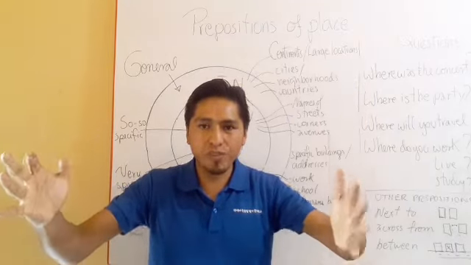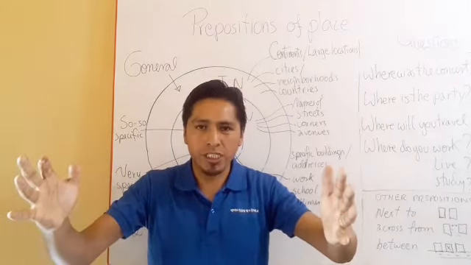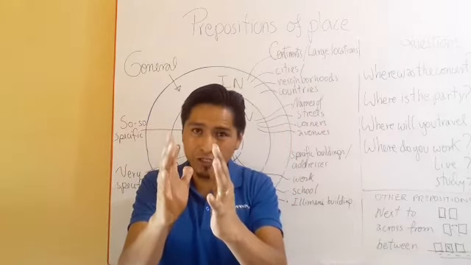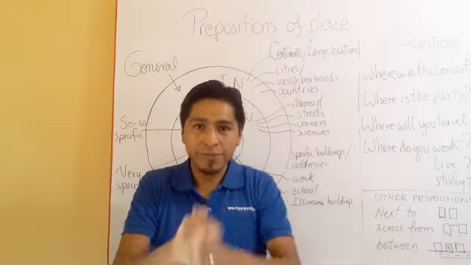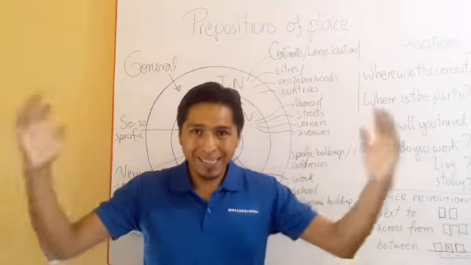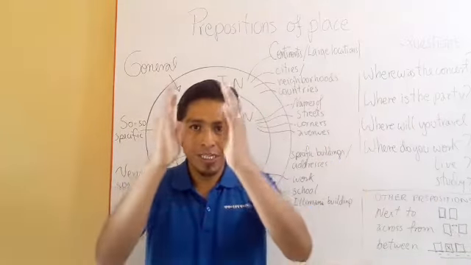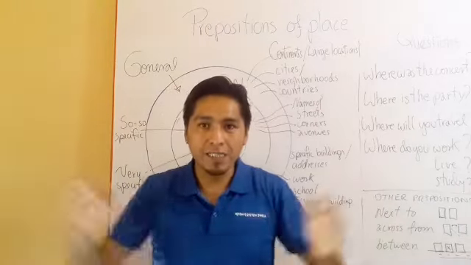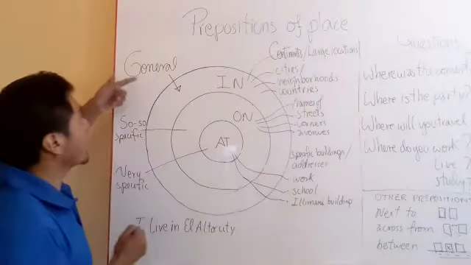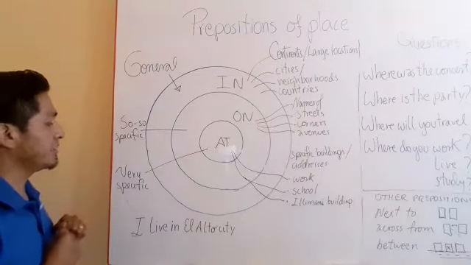This is so specific. We use the preposition on. And we use at as the point, the very specific point. In, on, at. Again, in, on, at. As I said, general, so specific, very specific.